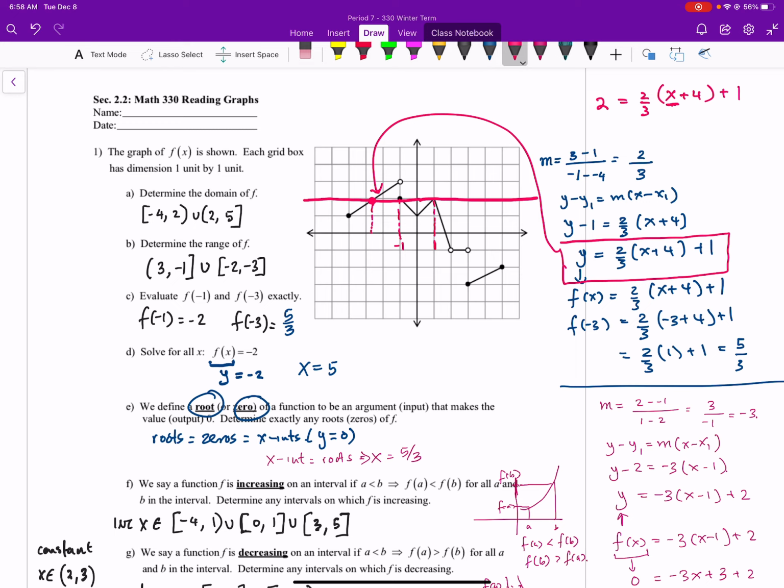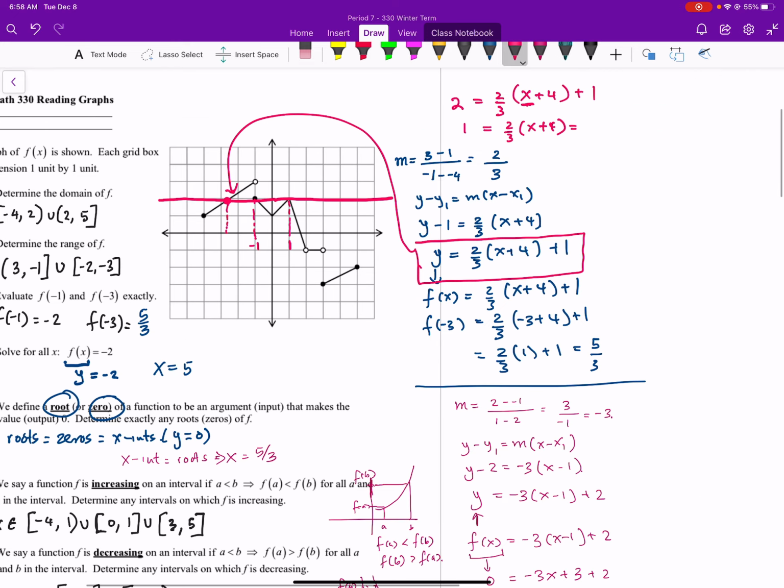Move the 1 back, you get 1 is equal to 2/3 x plus 4. Multiply by 3, you end up with 3 is equal to 2x plus 4. Multiply through, you get 2x plus 8. Subtract, you get -5 over 2 is equal to x.